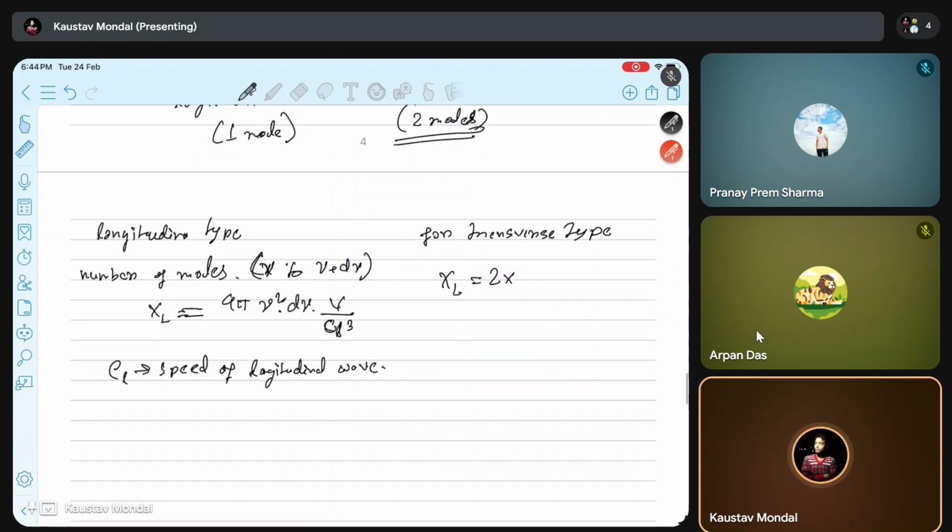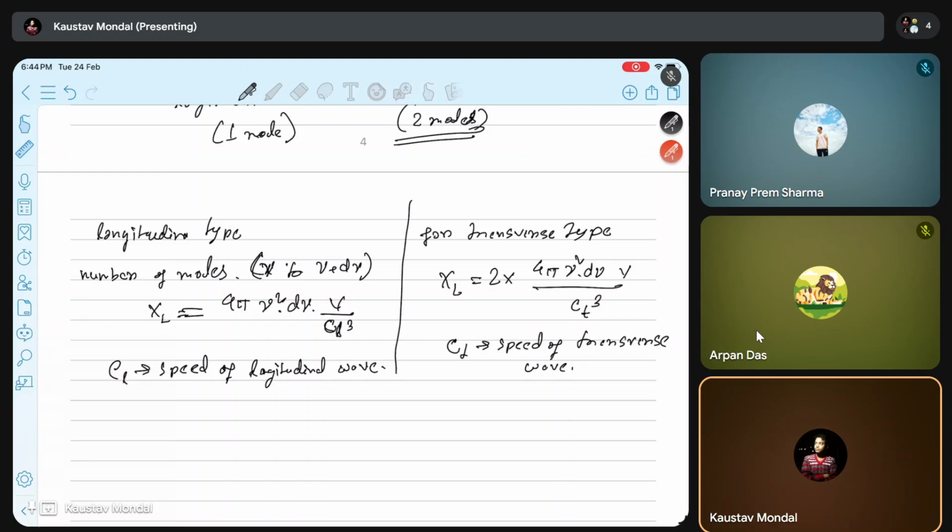Where Ct is the speed of the transverse wave.